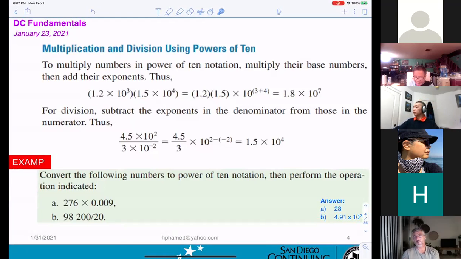So you get 1.8 times 10 to the 7. That's a very basic thing we need to get through.